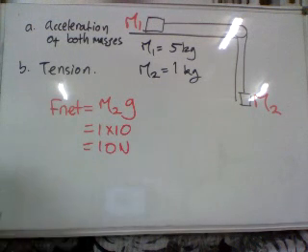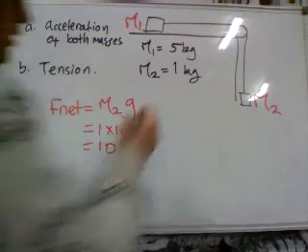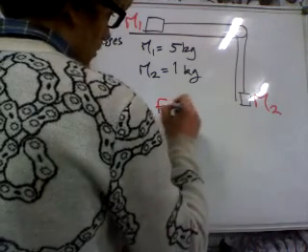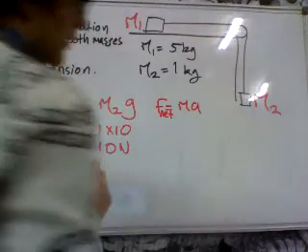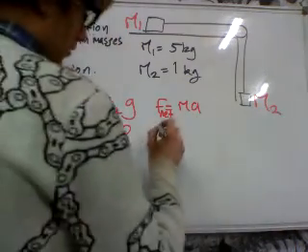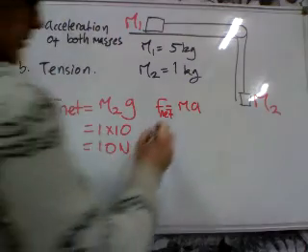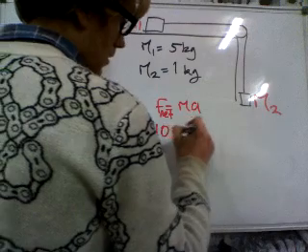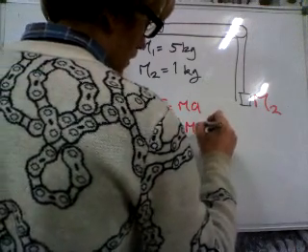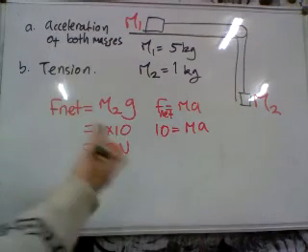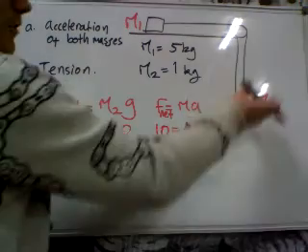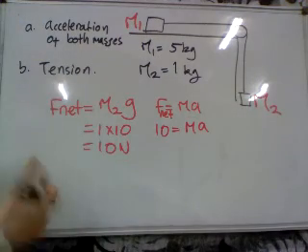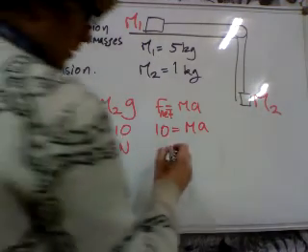Now that we found the net force on the system, we can just go to Newton's second law. F equals ma, well, that's the net force. F net equals ma. So we found the net force here. 10 equals ma. Now, what are we going to use for the mass? Well, this force is accelerating both of these masses, so we have to use the combined mass.